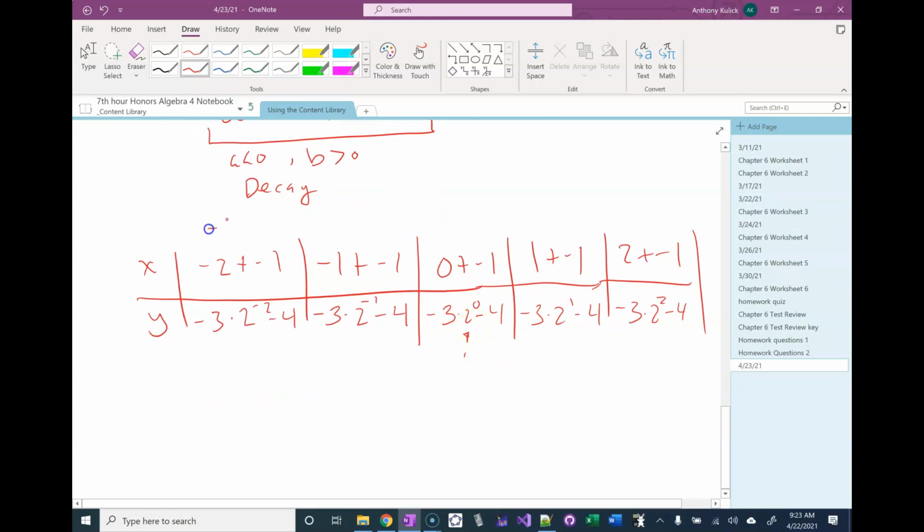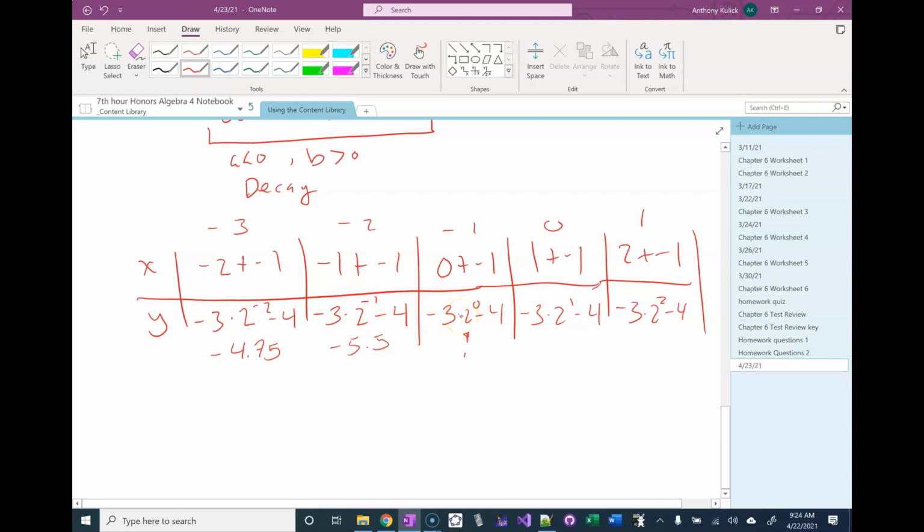So if I simplify this, this is -3, -2, -1, 0, and 1. 2 to the -2 is 1 over 2 squared, or 1/4. 1/4 times -3 is -3/4, and then minus 4 is -4.75. 2 to the negative 1 is 1 over 2, times -3 is negative 1.5, minus 4 is negative 5.5.